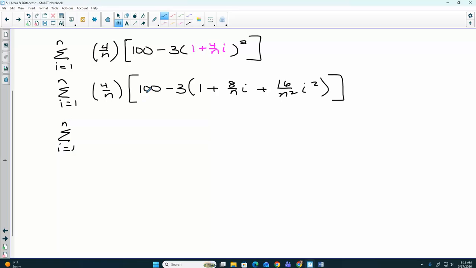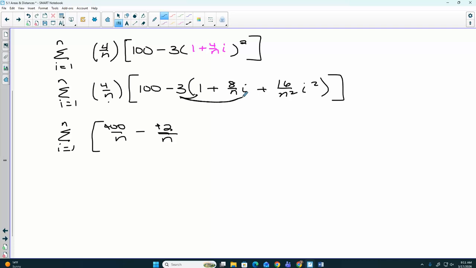Would it be okay with you guys if I distributed my 4 over n into this negative 3 and this stuff? So 100 times 4 over n will give me 400 over n. If I distribute my negative 3 and my 4 over n, that will give me a negative 12 over n.